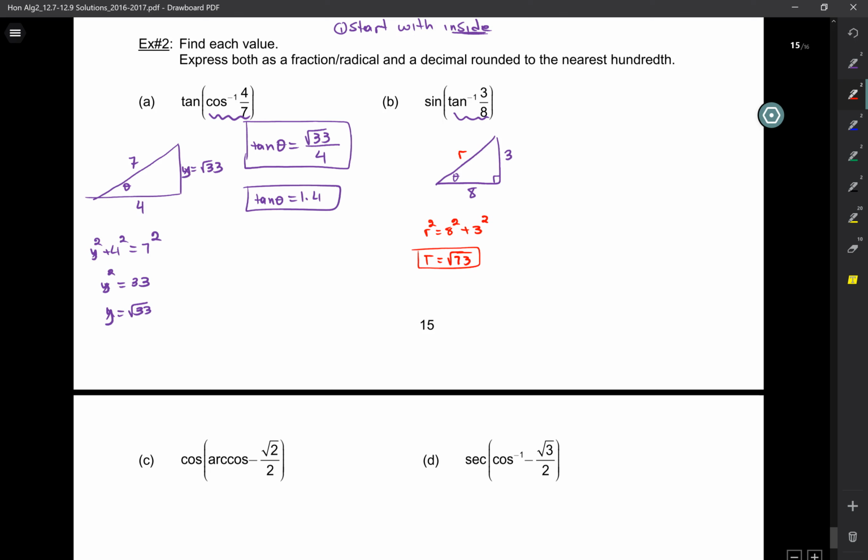Yes? Okay, now I want the sine of this angle. Well, that's going to be y over r, right? y is the vertical over the radius. 3 over root 73, which is 3 root 73 over 73.